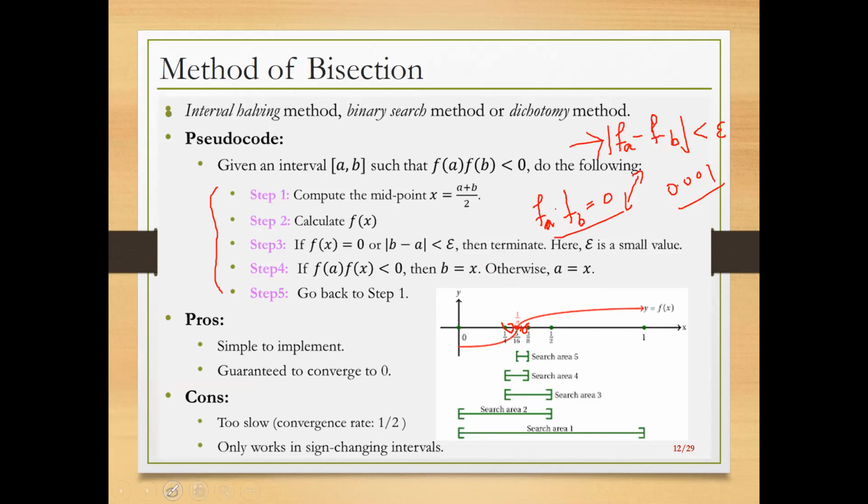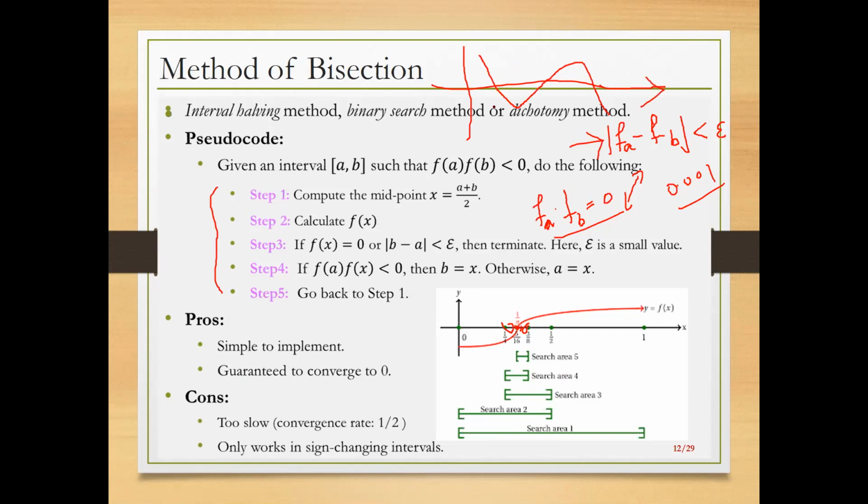Professor? Yes, sir. Does the bisection method work if we have more than one root? As long as the function intercepts the x-axis, yes. It depends on how you choose your a and b. For example, let's say we have such a function.